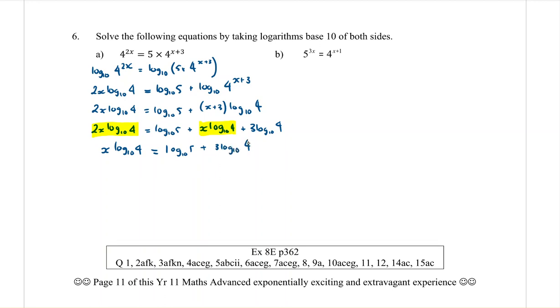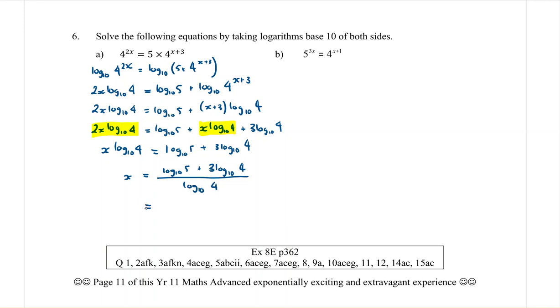Okay, I'm down to 1x, so that's a good sign. To get the x by itself, I will divide that logarithm underneath. So that is log 10 of 5 plus 3 log 10 of 4 over log 10 of 4.